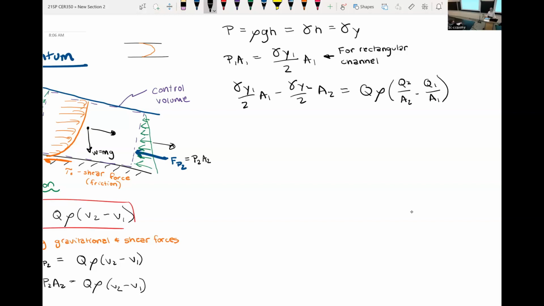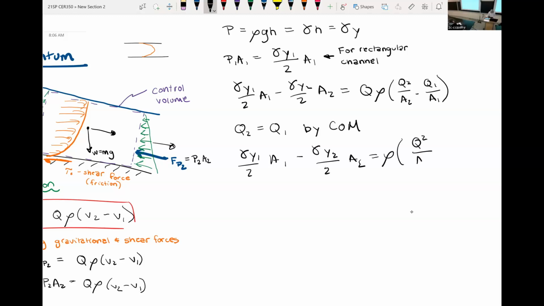They're equal. They are equal by which governing equation? Conservation of mass. Yes, by conservation of mass, Q1 equals Q2. So we rewrite some stuff. We can say gamma Y1 over 2 A1 minus gamma Y2 over 2 A2 equals rho times Q squared over A2 minus Q squared over A1. And we do a bunch more rearranging here.